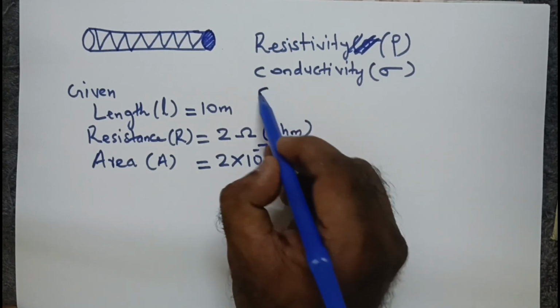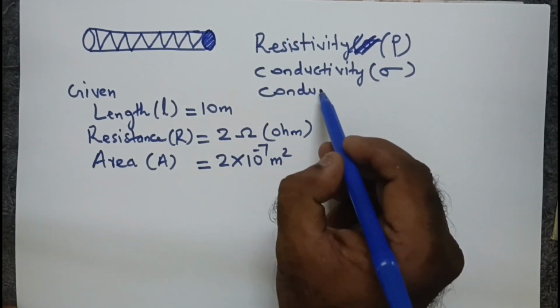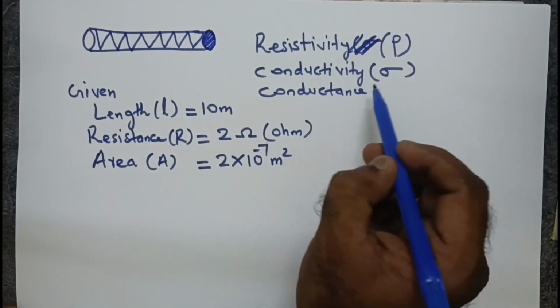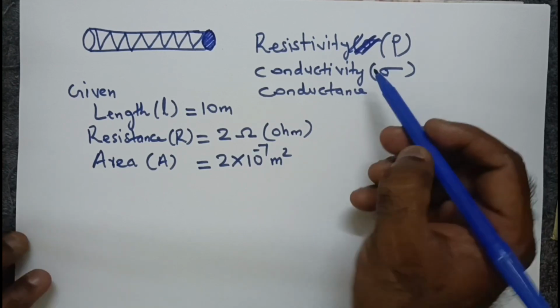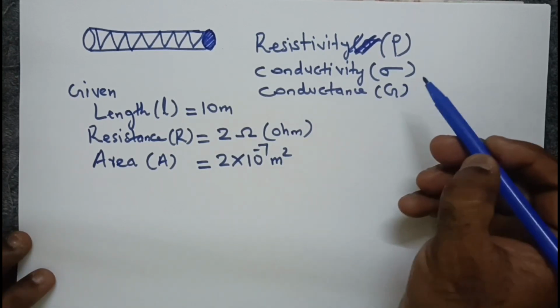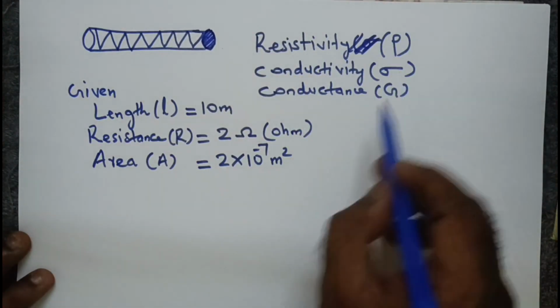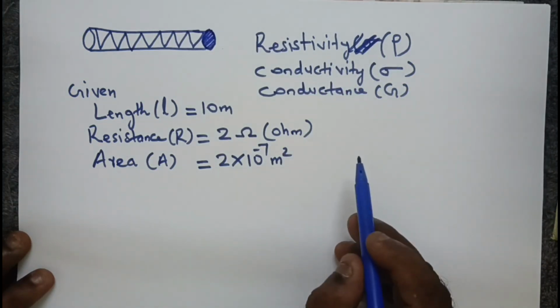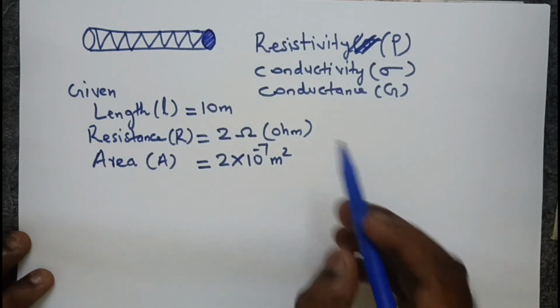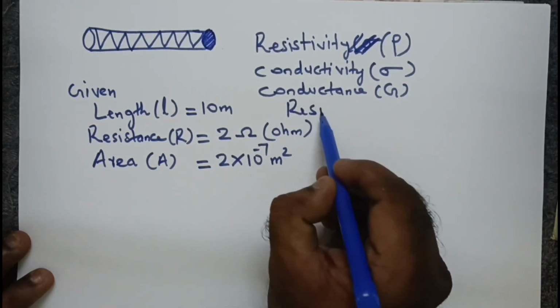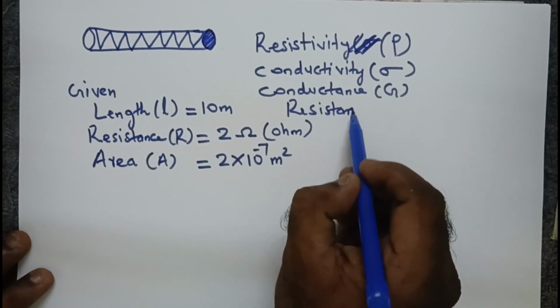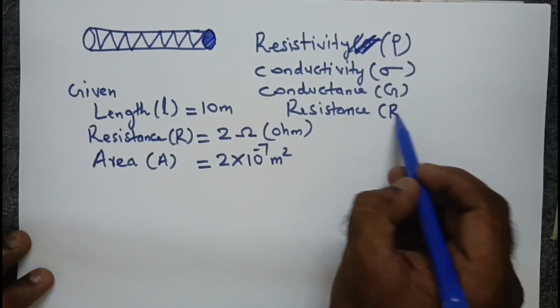And conductance, the symbol is G. For all these calculations, we need to have resistance, which is already given, and its symbol is R.